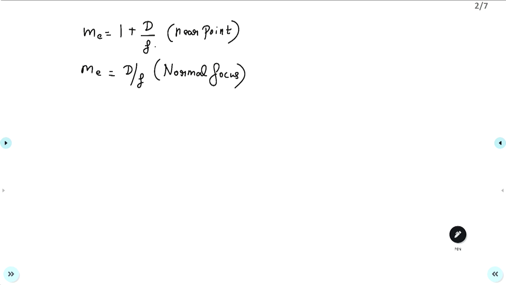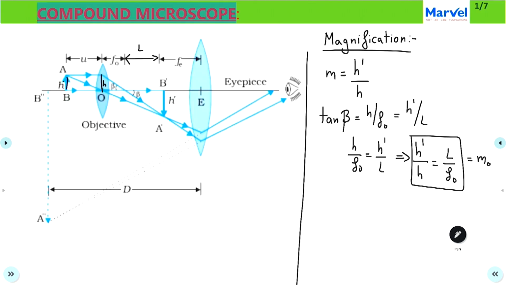Okay. So this is for the second lens, which is your eyepiece. This magnification M naught is for the first lens, the objective lens.